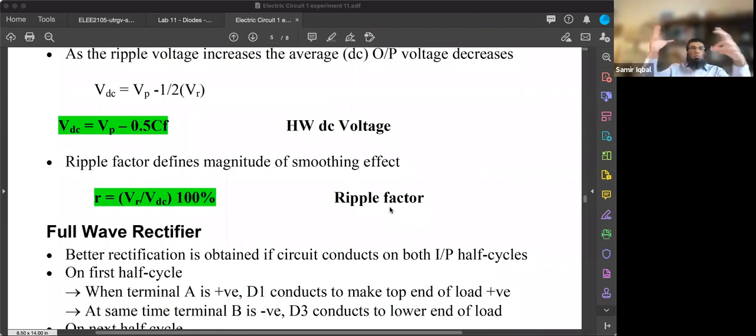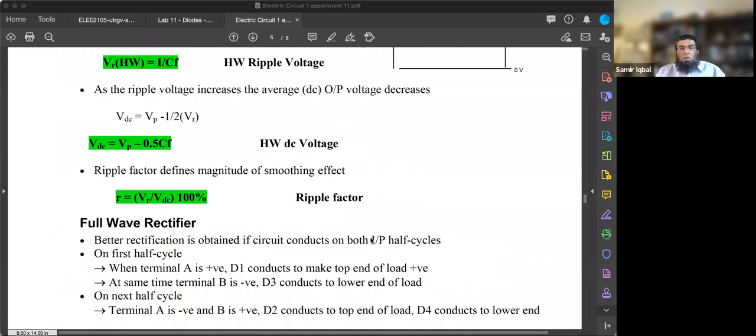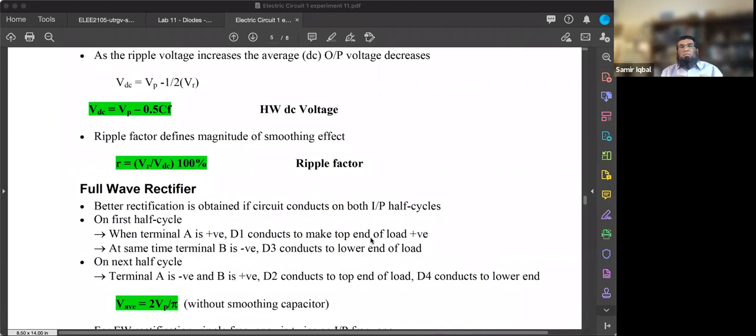Now, we want to make a full wave rectifier, which means that we don't want to use a capacitor and we want the whole signal in the output. The simple way to do it, if you think about it, is to provide two paths to the current. On the positive side, we provide a path where some diodes are in forward bias.